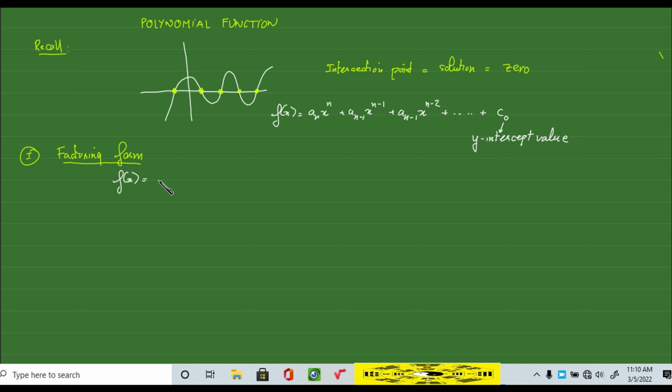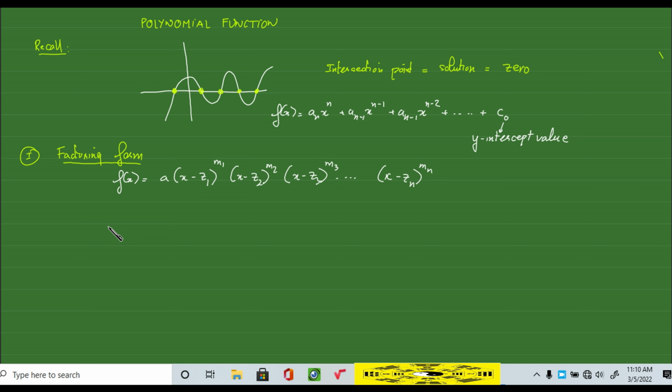So it will be something like this: a times (x minus z1) to the m1 times (x minus z2) to the m2 times (x minus z3) to the m3, and so on, times (x minus zn) to the mn.